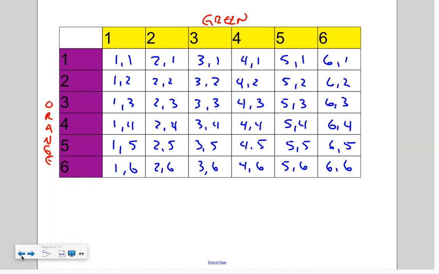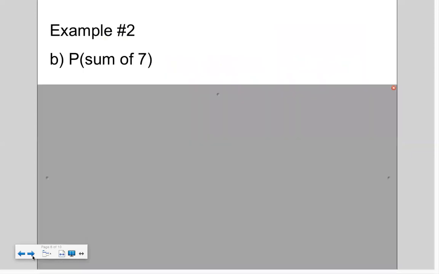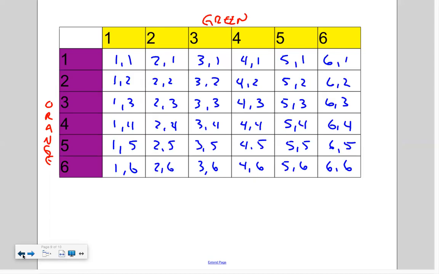But I know what your brain is kind of doing, and what we need to be doing is thinking about our likely outcomes over the total outcomes. So for the probability of a sum of 7, we need to identify the ones that are a sum of 7. Those 6 all add up to 7, and there are 6 times 6, 36 total.